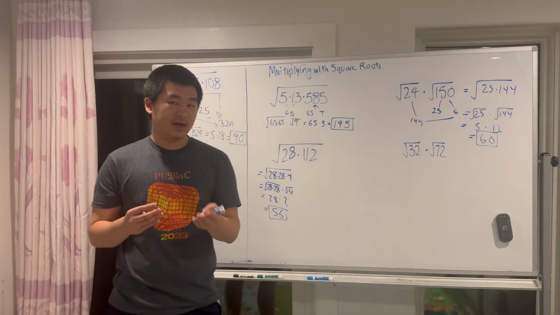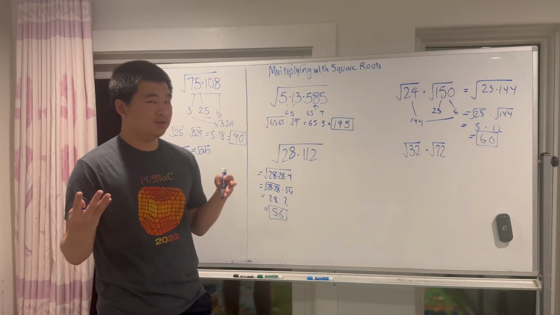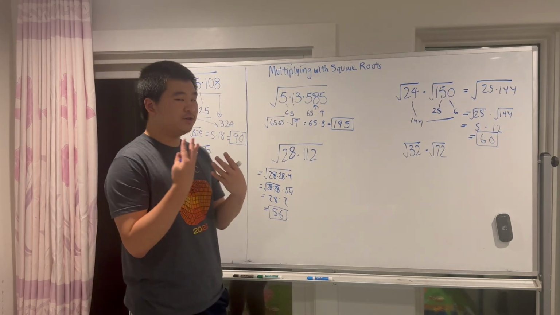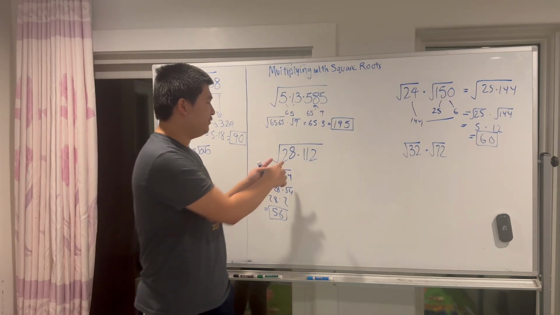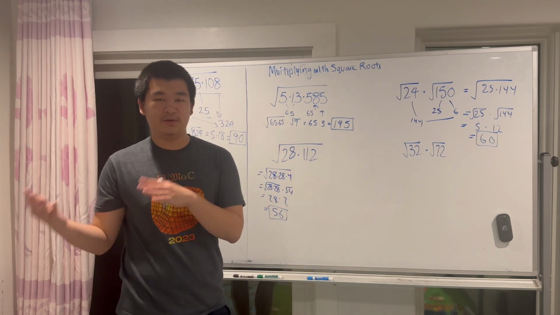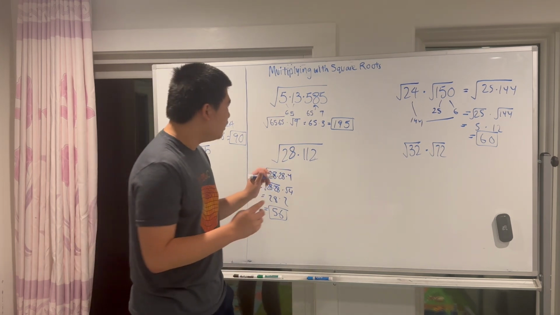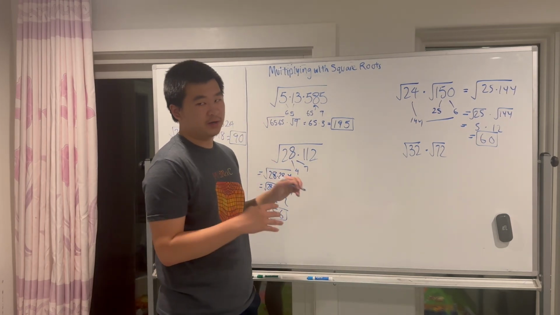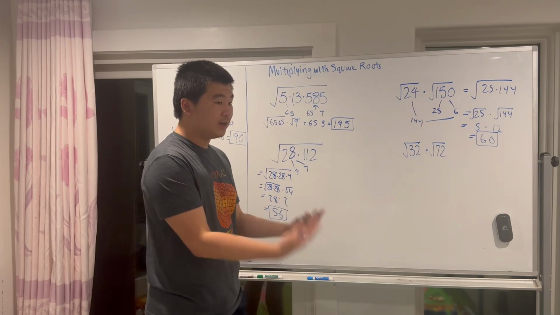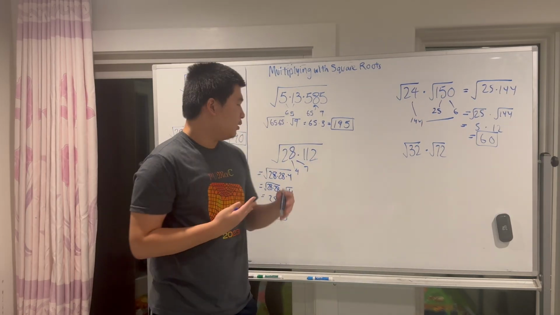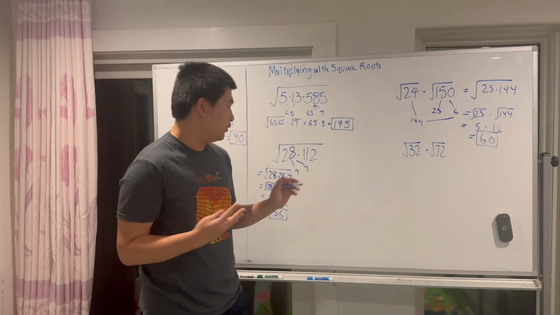But if you don't recognize that immediately, that's fine, because we can also just do the thing where we search for a perfect square. So if I were to search for a perfect square inside of 28, what I would find is 4 and 7. I'm sure that's what most of you think of when you see 28 anyways. This 4 is a perfect square, so we're going to leave it alone, and we try to deal with the 7 now. This 7 and 112, what do they make? You can multiply them, 7 and 112.